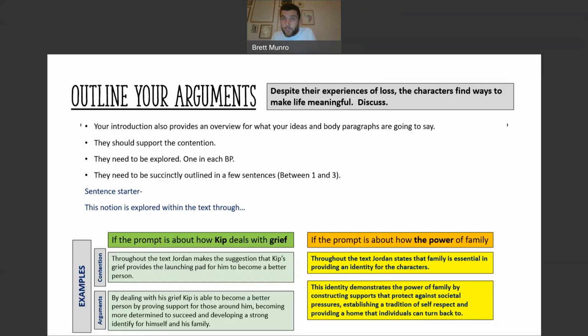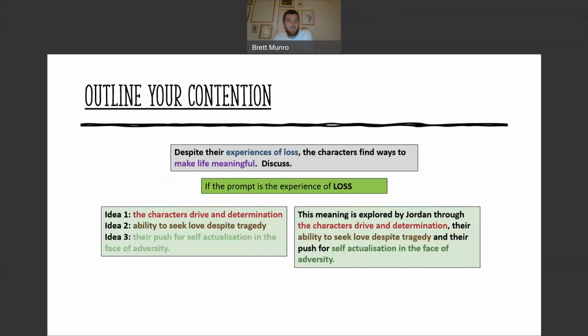So how would we go about writing arguments for our target prompt? Okay, our prompt is, despite the experience of loss, the characters find ways in 9 Days to make life meaningful. Discuss. Our prompt is about the experience of loss, and how it leads to life being meaningful.